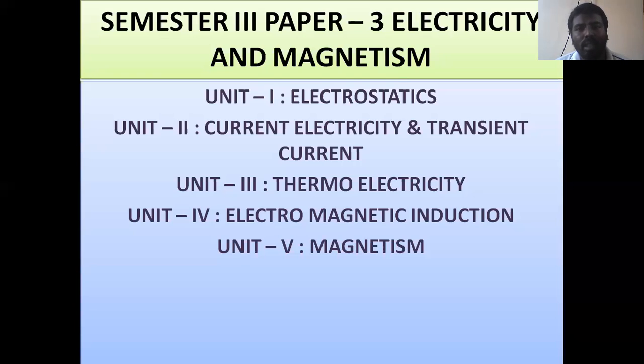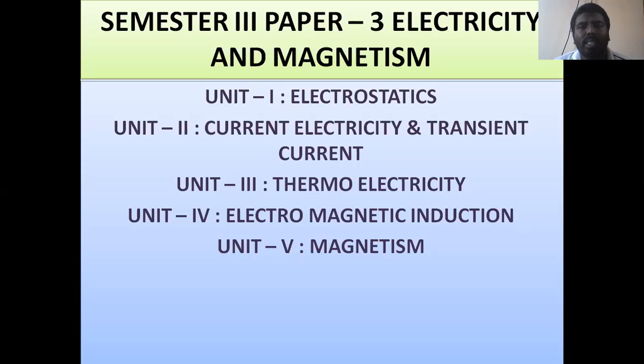This paper 3 is mainly based on electricity and magnetism, which is subdivided into 5 units. The first unit is electrostatics, the second unit is current electricity and transient current, the third unit is thermoelectricity, the fourth unit is electromagnetic induction, and the fifth unit is magnetism.